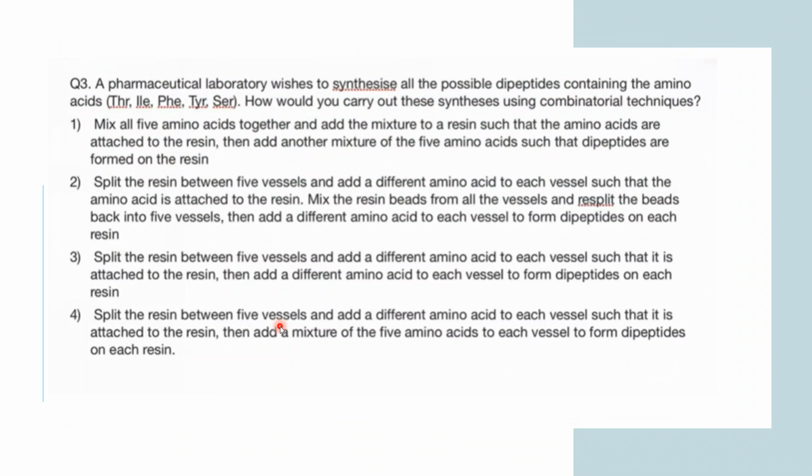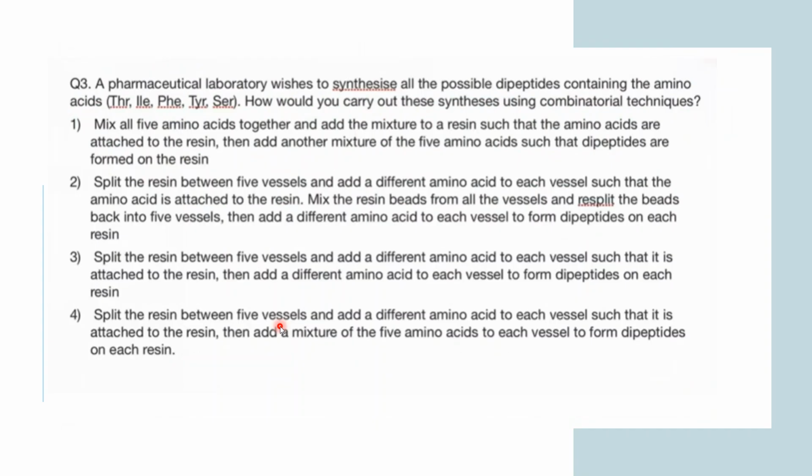This combinatorial technique and parallel technique, if you recall, we have talked about in previous lectures. You can go through, I think, week 9 or week 10, where you will find that we have talked about this combinatorial technique.